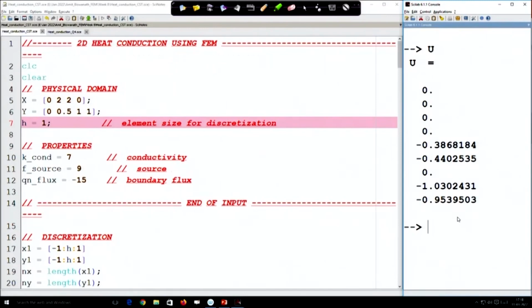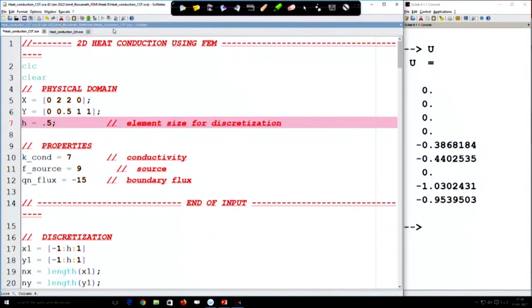So when we talk about error or convergence, it is not just at a particular point, it is how the result of the entire system as a whole converges to the true solution. That is the true convergence and error. But here we just want to take one single point and see how the solution at that point changes as we refine.